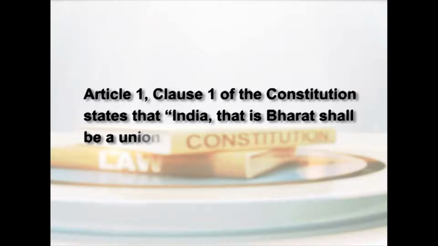Let's start with the basic foundation of federalism, that is Article 1, Clause 1 of the Constitution. What does it state? It states that India, that is Bharat, shall be a union of states. Nowhere has it been enumerated that India is a federal country. So it is a union of states containing many federal and non-federal features.